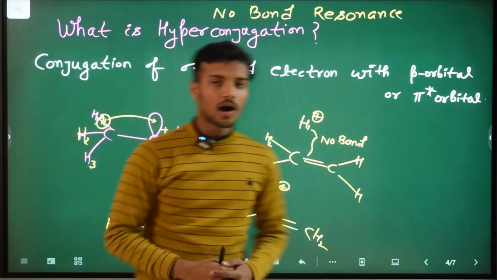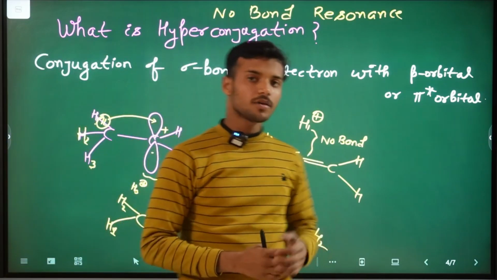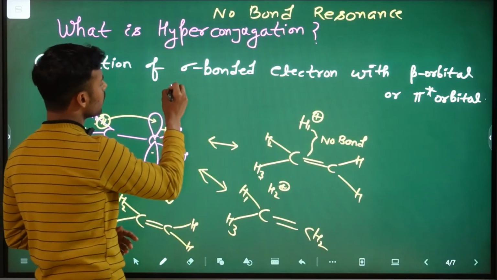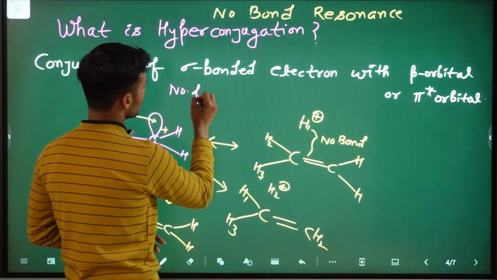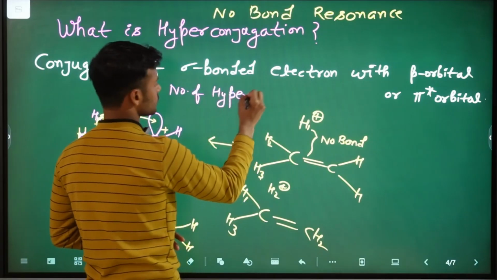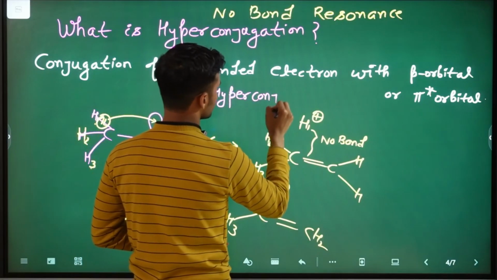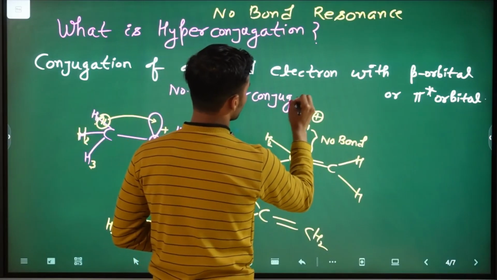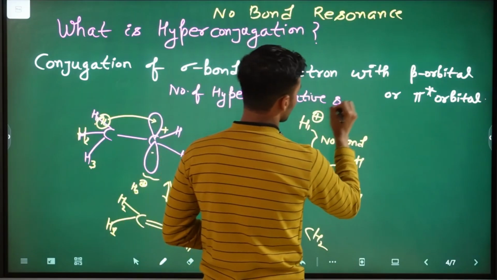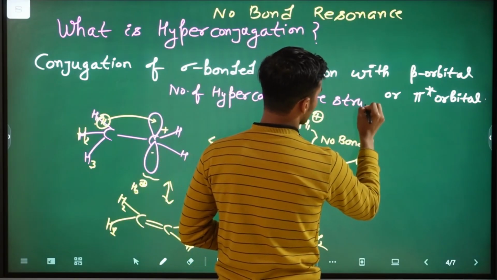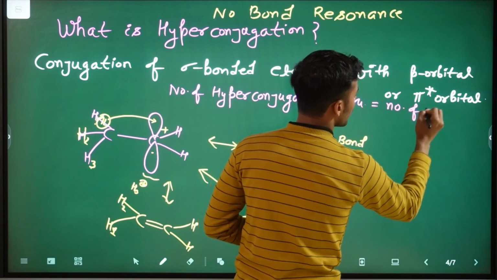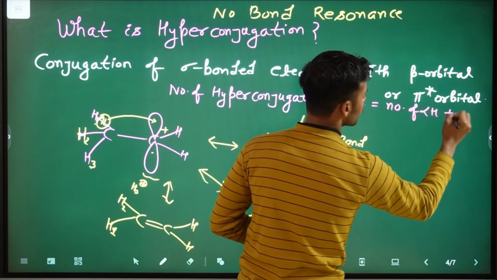So how many hyperconjugative structures are there? There is a formula: number of hyperconjugative structures is equal to number of alpha hydrogens plus 1.